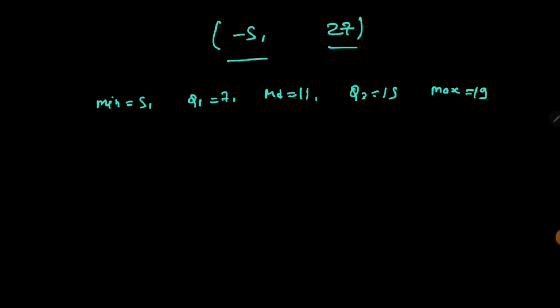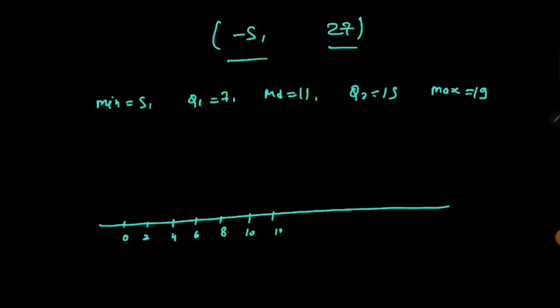So if we plot a line, our values will be 0, then 2, then 4, 6, 8, 10, 12, 14, 16, 18, 20, 22, 24, 26, and 28.